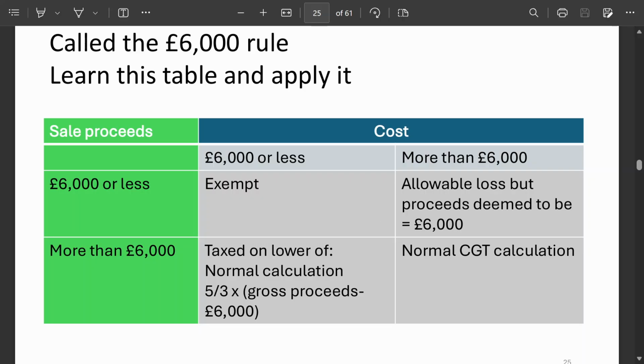This is a more complicated rule, where your cost of acquisition is 6K or less, and you sell it for more than 6K. You bought it for less than 6K, but you're selling it for more than 6K, then you take A, the normal CGT calculation, then you take B, which is this, and then you take the lower of A or B.